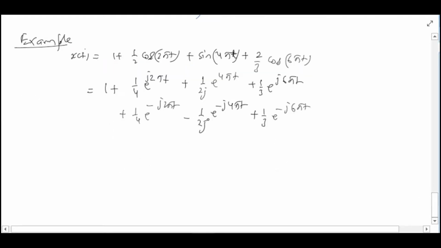So we see that this signal x(t) has a DC term, first harmonics, second harmonics and third harmonics.